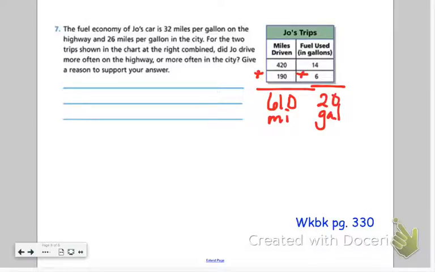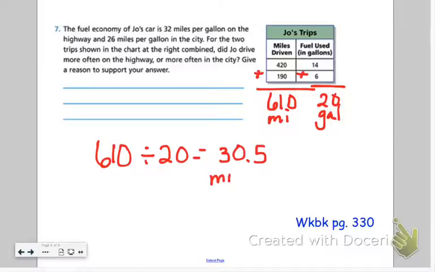So what I might do is find the unit rate here. When you're trying to find unit rate, all you have to do is divide the miles per gallon. So 610 divided by 20 is going to give you 30.5 miles per gallon.